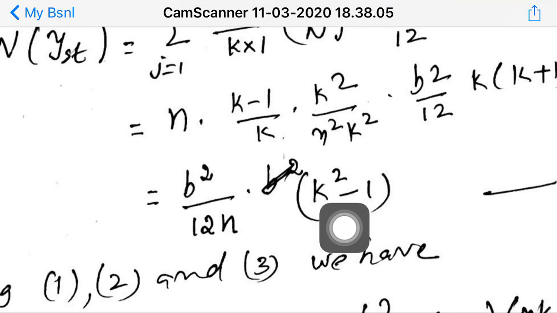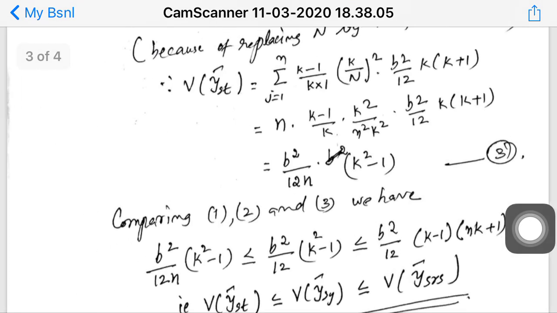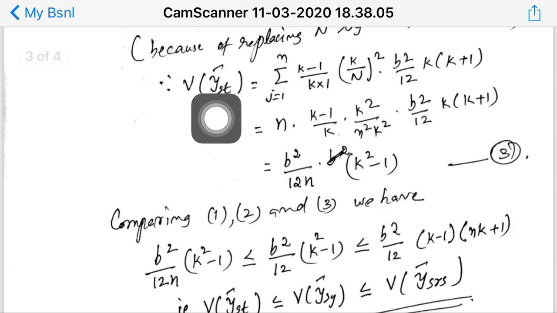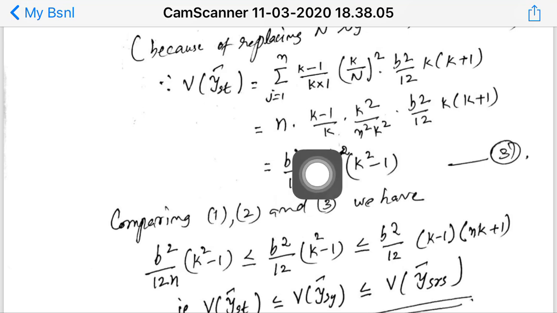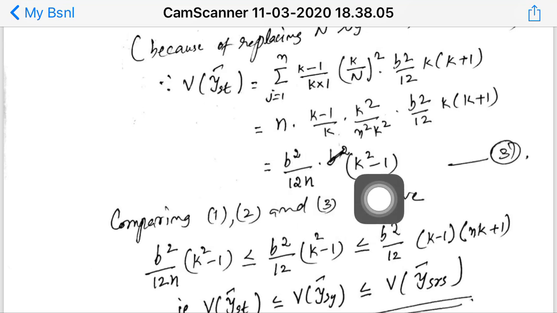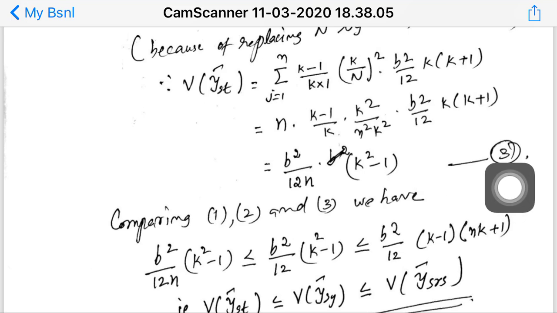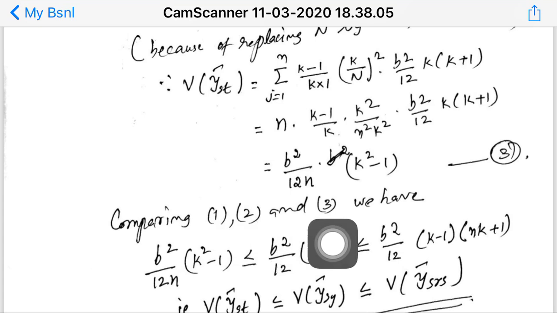Okay. So what you have proved now is that the variance of y bar under stratified sampling is equal to b square divided by 12 into n into (k square minus 1), the third expression. And you can easily compare the first expression, second expression, and the third expression.